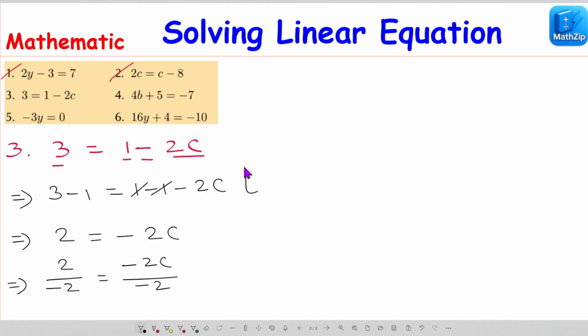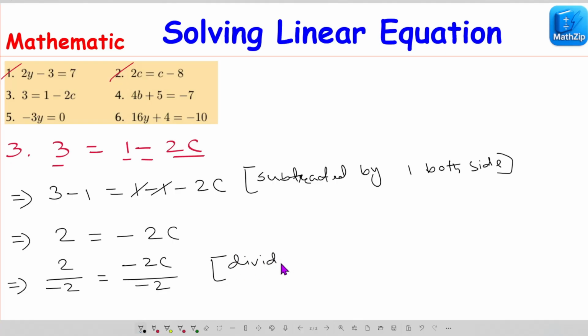So in the side note we can write here subtracted by 1 both sides. Actually this is not minus 1, this is 1, and here we can write divide both sides by minus 2.